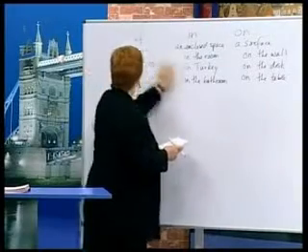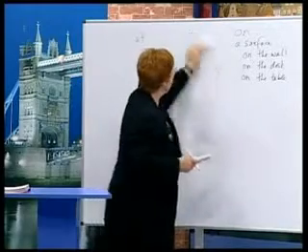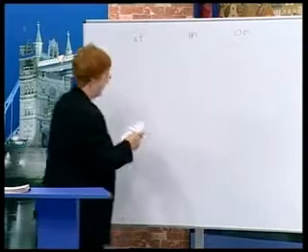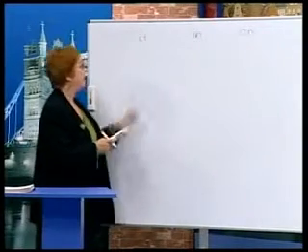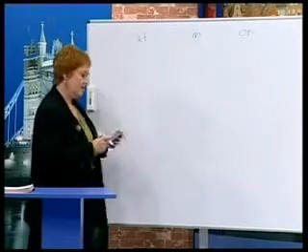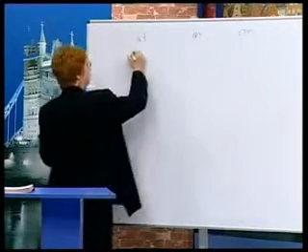Okay, now, let's make some more room here, and we'll show you some examples that are more specific. Okay, now remember, at is a specific place. So here are some examples.